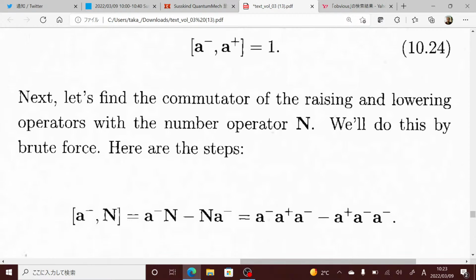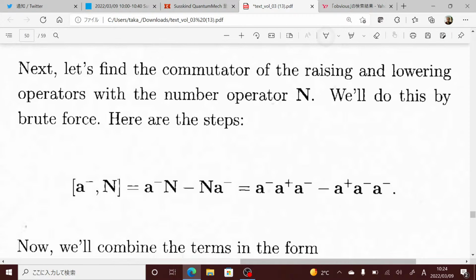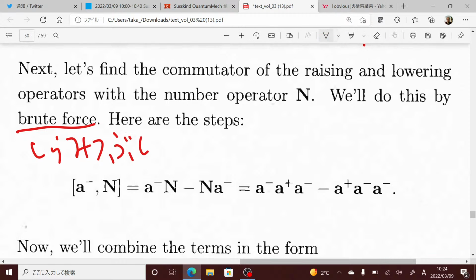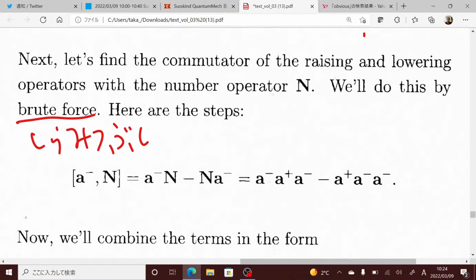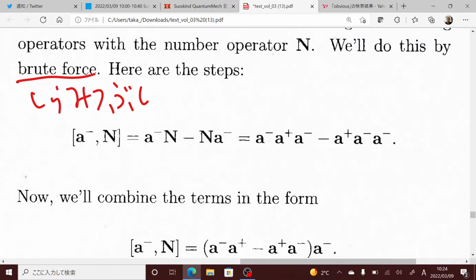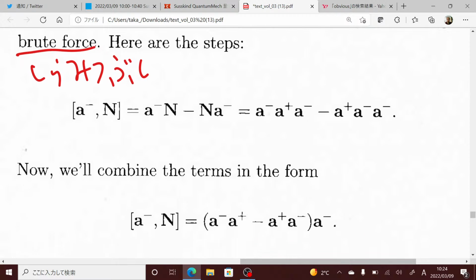We will do this by brute force. しらみつぶし。Here are the steps. A minus comma n equals a minus n minus n a minus, which is a minus a plus a minus minus a plus a minus a minus.